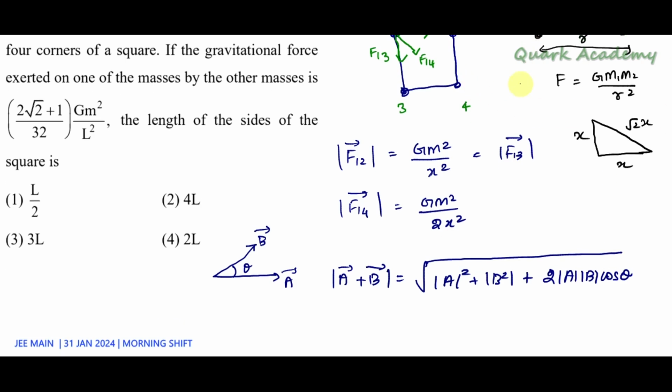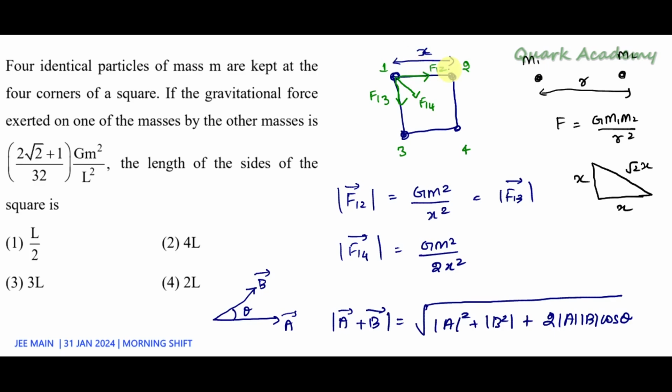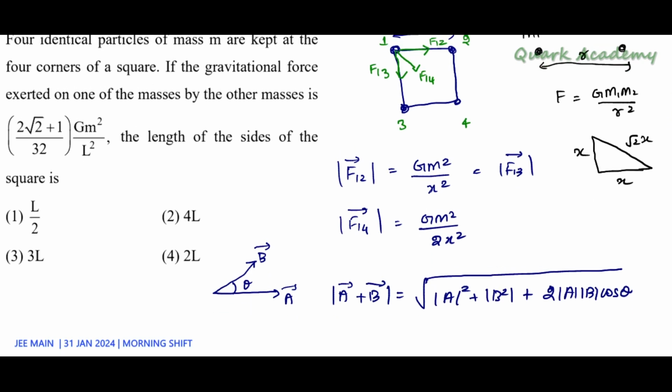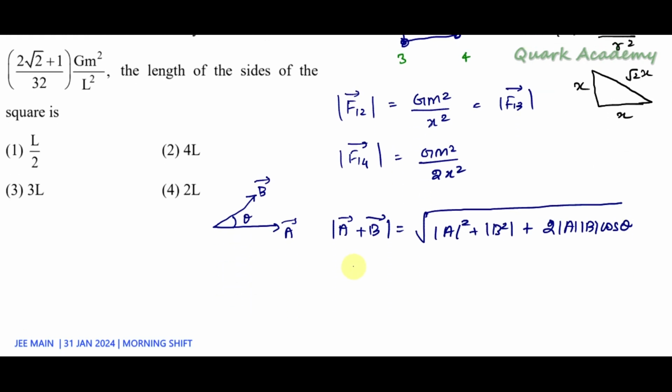So here, if we consider this F12 and F13, the angle between them is 90 degrees. So the third term in this addition will be 0, and we are left with only the first two terms. Let me write it. I'll put it as F123, which is the combination of F12 and F13, and I'm going to write its magnitude.